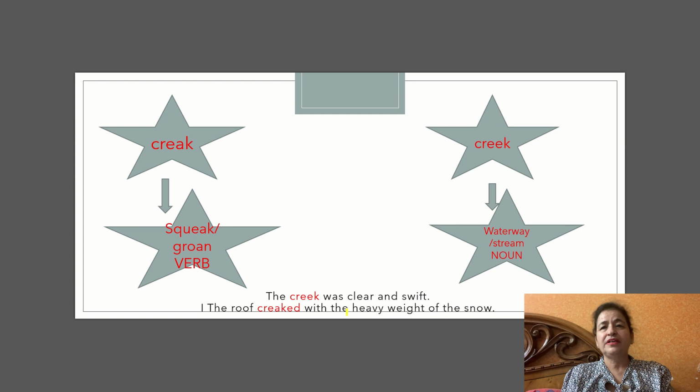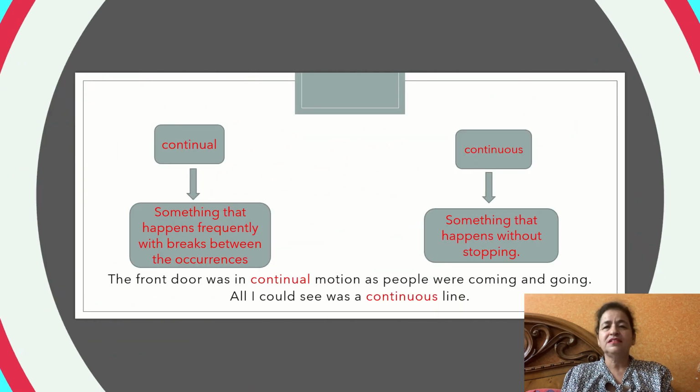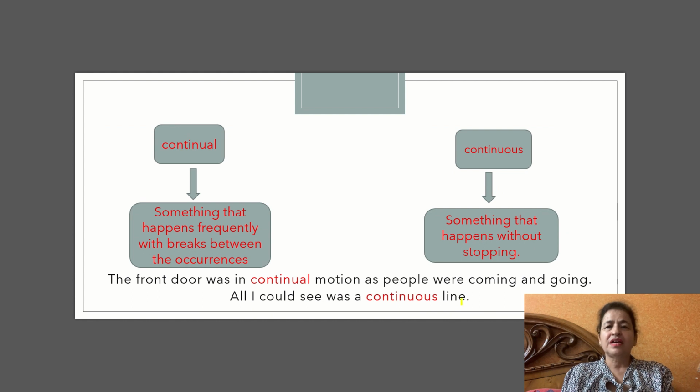Now coming to our 9th set of words, that is continual and continuous. Continual is something which goes on frequently but with intervals in between, right? And continuous is something which goes on without stopping.